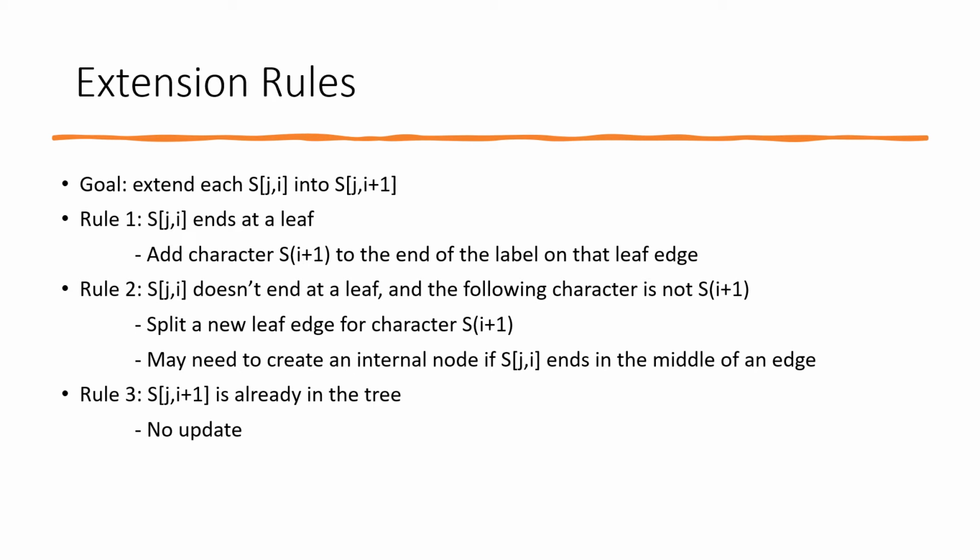These are the generic extension rules we use for building the suffix tree. Rule 1 extension: for a given t equal to a, b, d, e dollar, when we encounter a new character, we go to the end of all the edges and add the new character from the string at the end of all the leaves.